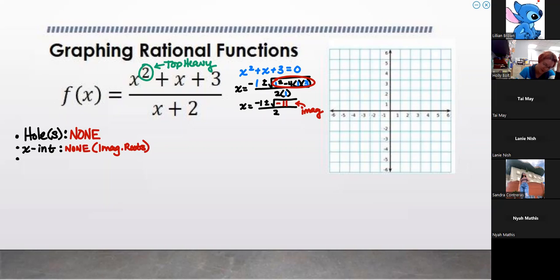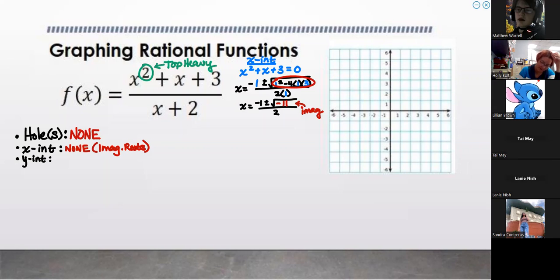All right, so then I switch my attention to any y-intercepts we might have. How do I find my y-intercepts? When x is equal to 0. Yes. Y-intercepts are when x is equal to 0.